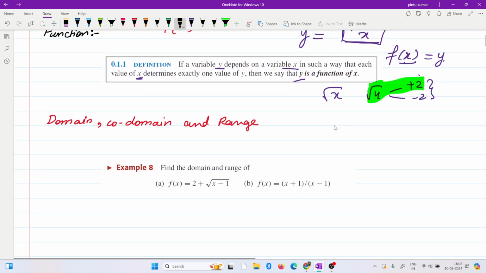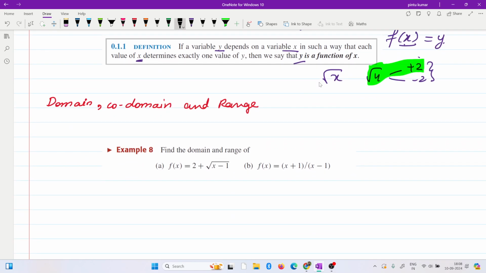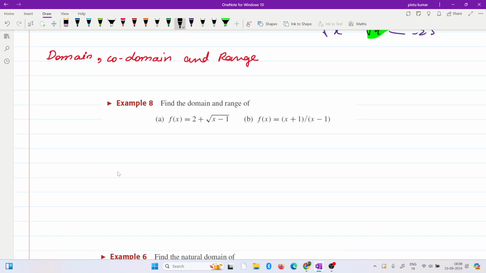What are the domain, codomain, and range of a function? You might have done it in high school, but I'll reiterate. I'll define domain and range, which are more important. Let's say y is some relation of x.